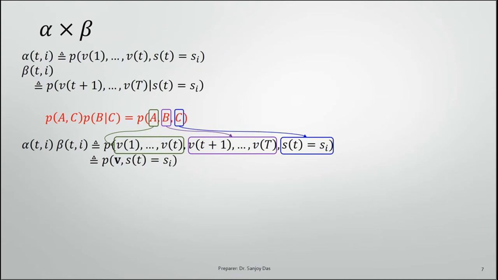Now, the past and present output sequence is this in green, and the future output sequence is in purple. This accounts for the entire output sequence, v1 through v lowercase t, v t plus 1 through v uppercase T, and that's the entire output sequence, bold V.